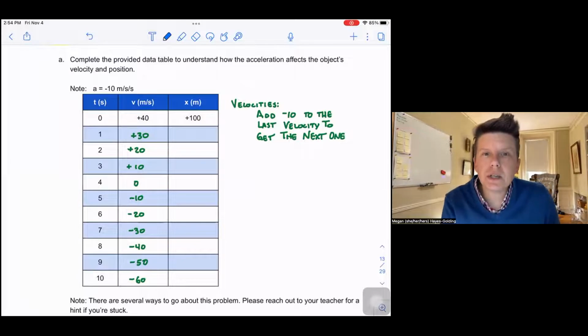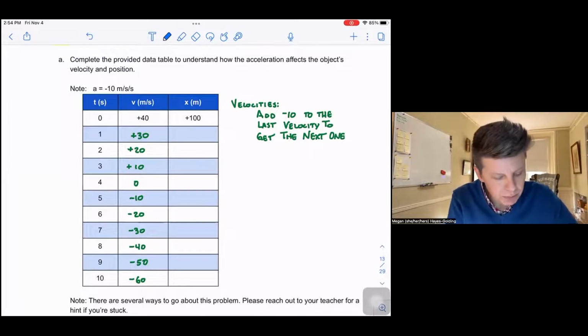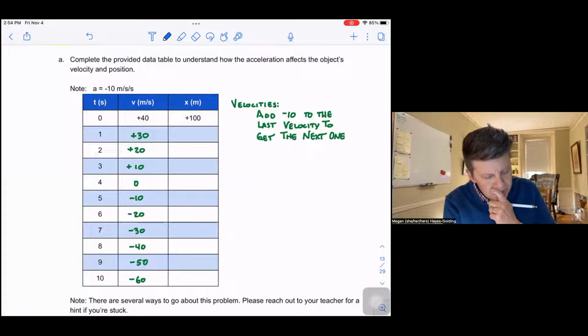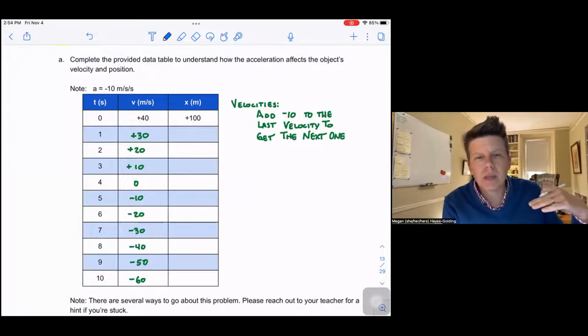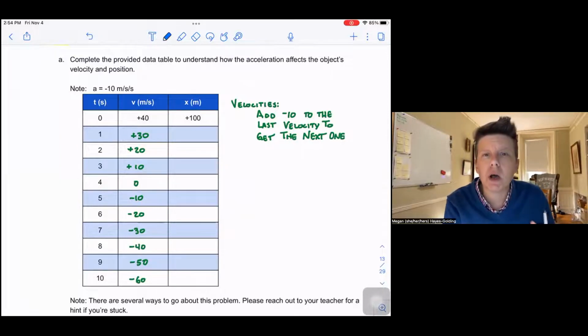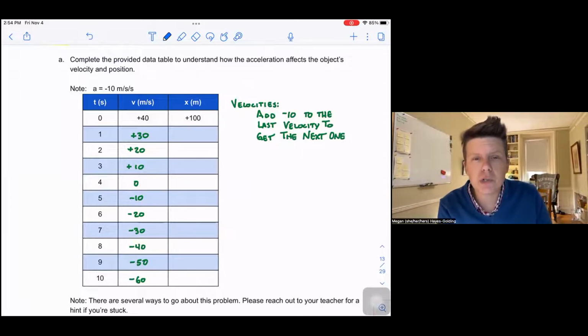Okay, so let's take a look at how to figure out the positions. So this idea of just simply doing the area of the triangle, it's not going to work here because I've got a more complicated velocity situation. So I'm going to show you now a way to think about this. It's this backup method that I showed you in problem 1. So you get this second position here.